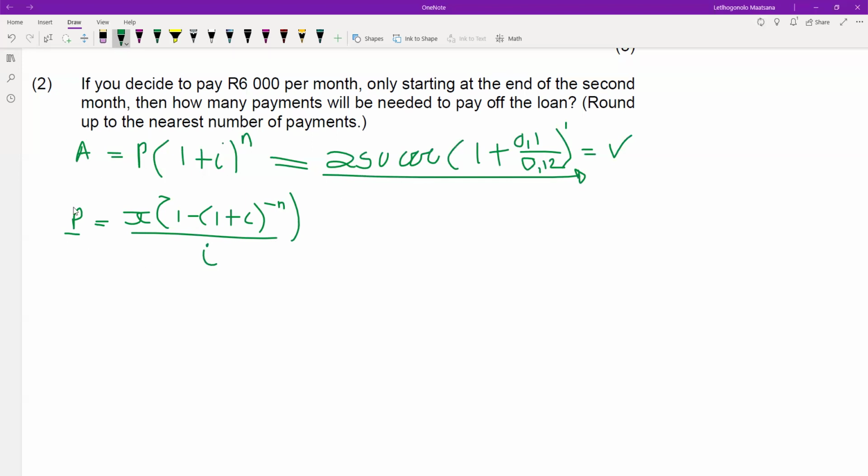So with that in mind, we understand that this should be equals to A.